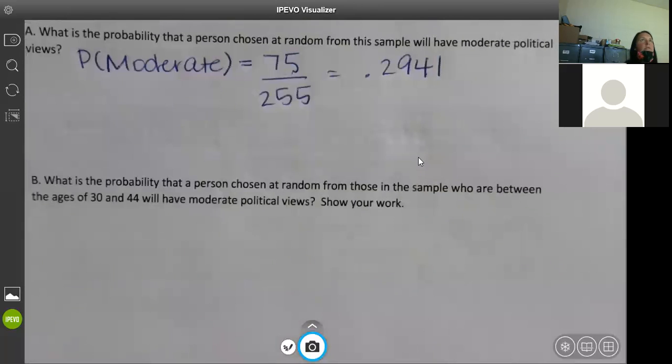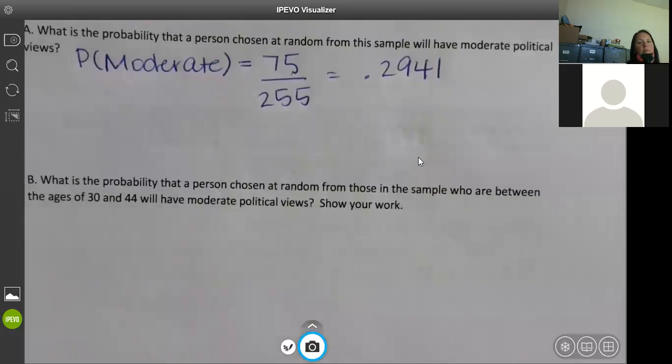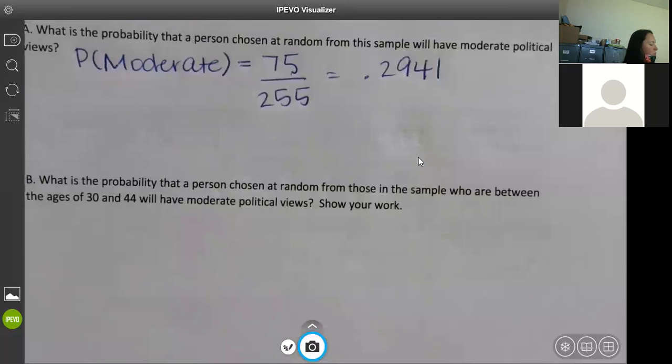I'm gonna move my chart, sorry. What is the probability that a person chosen at random from those in the sample who are between the ages of 30 and 44 will have moderate political views? So what is that? What did they tell us? So we're given that they're between 30 and 44, right?